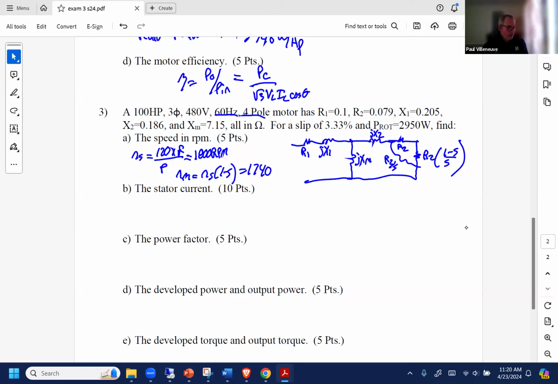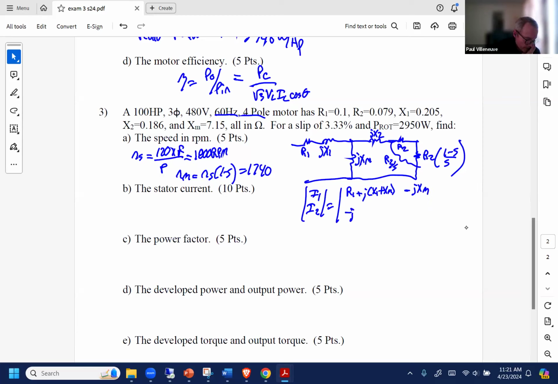Now, it's totally up to you to do the stator current, and I gave you credit on this approach. You could have certainly done circuit analysis to do the equivalent. What I did is I did the loop equations, and I said I1, I2 is equal to, let's see if I can do this quickly, the matrix R1 plus J times (X1 plus XM), minus JXM.